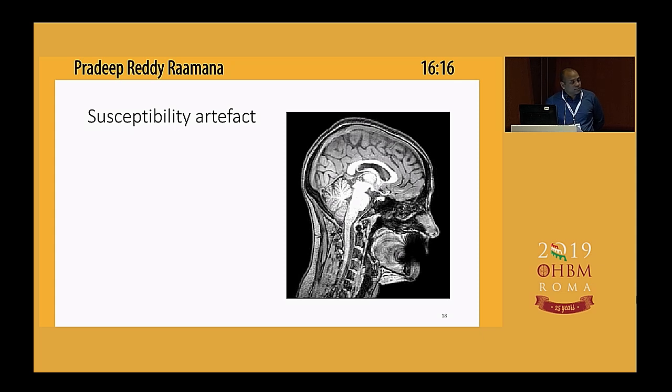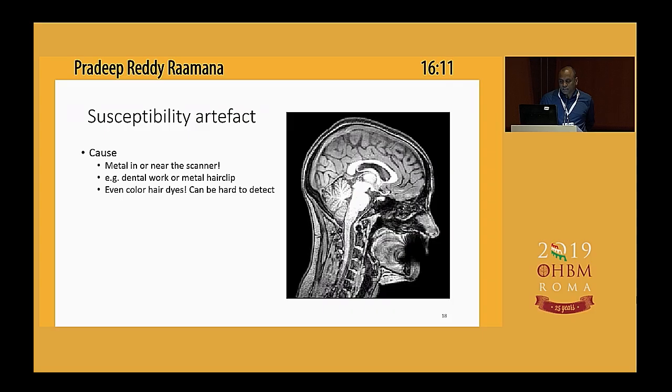The next artifact is called the susceptibility artifact. The primary cause for this artifact is the presence of metal in or near the scanner. For example, dental work or a metal hair clip, and even colored hair dyes can cause this artifact.